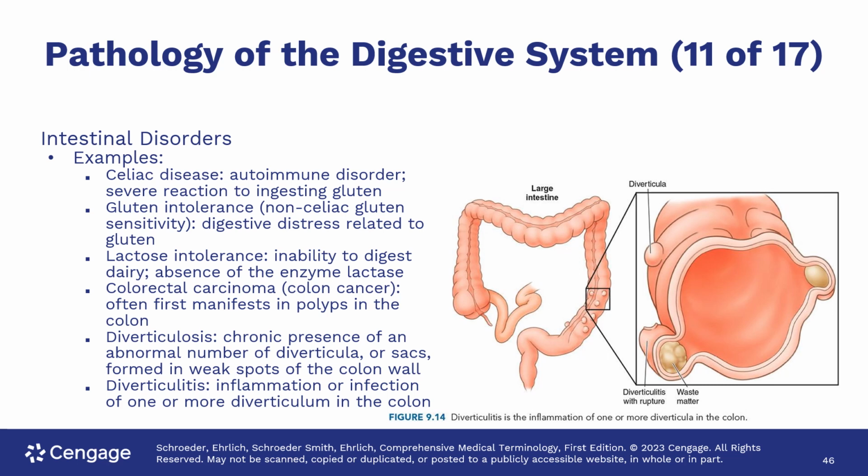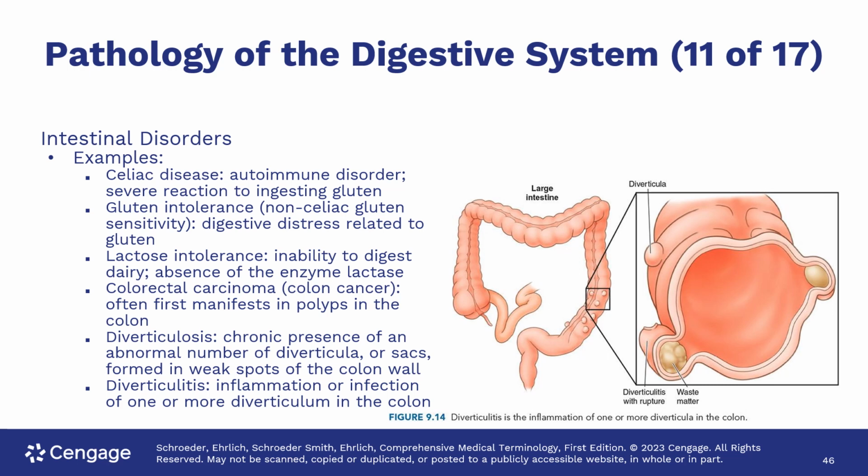Intestinal disorders include things like celiac disease, which is an autoimmune disorder, lactose or gluten intolerance, where you cannot properly digest lactose or gluten products. Colorectal cancer is exactly what the name implies. Diverticulosis is like many tiny little outpatchings or hernias in the colon wall.